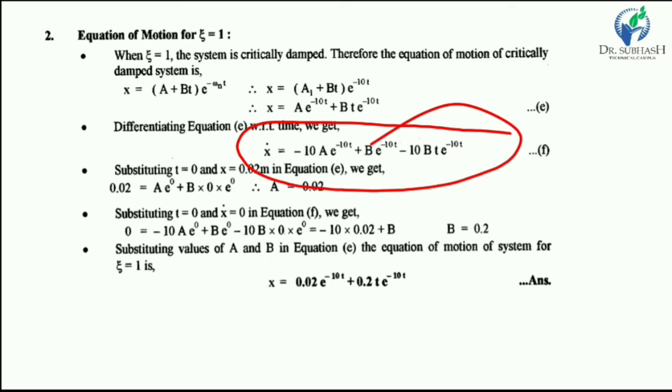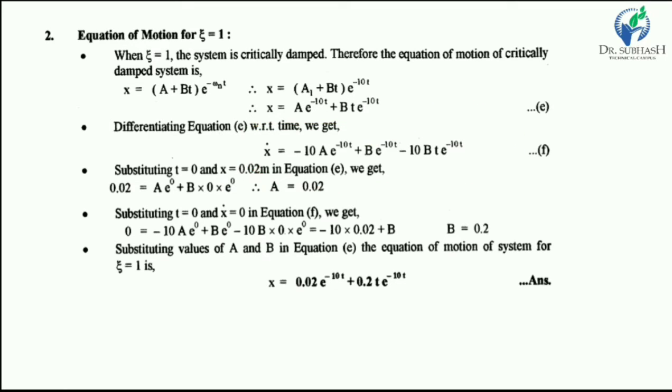the final equation. Now the initial boundary conditions are applied similar to the over damped case, and the values of the initial conditions are the same as given in the example data. So here put the time equal to 0 and displacement equal to 0.02.